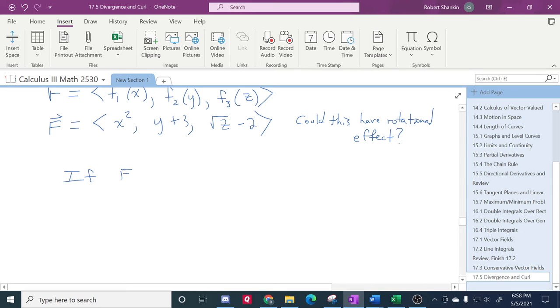If f is such that the partial of f with respect to x gives you only a function of x in front of i, and then zeros, this is i, this is j, this is k, zeros elsewhere.